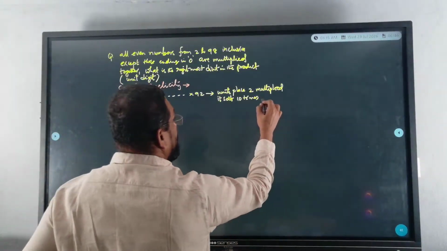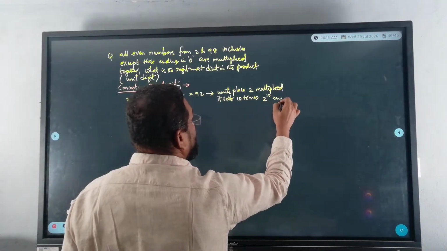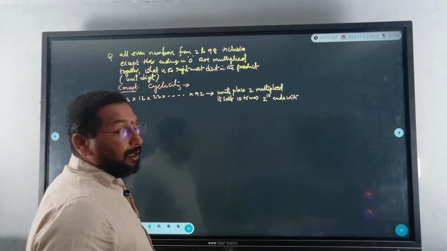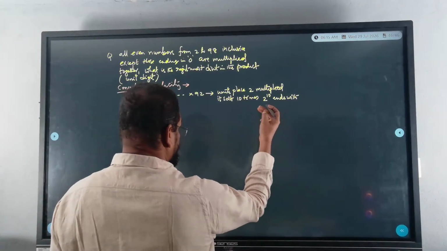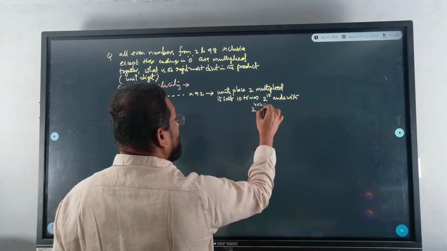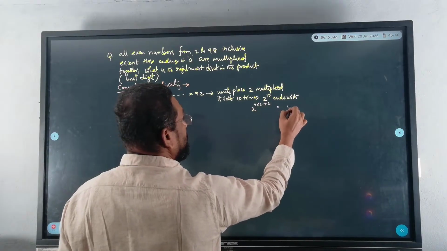So 2 power 10 ends with what? This is 2 power 4 into 2 plus 2, which ends with 4.